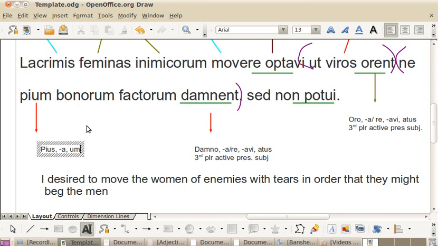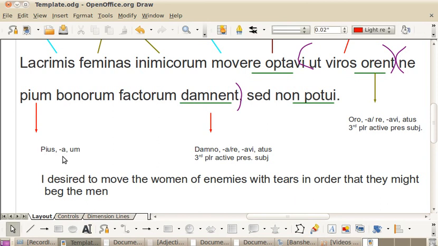Well, three principal parts, that tells us that's an adjective. Now, pius is a first and second declension adjective. That means that it's using endings from the first and second declension to modify nouns. So what we're going to do is consult our first and second declension adjective paradigm, looking to see where the UM appears. We do this because it's important to know what it's modifying.